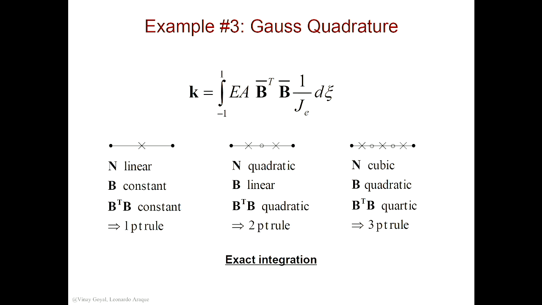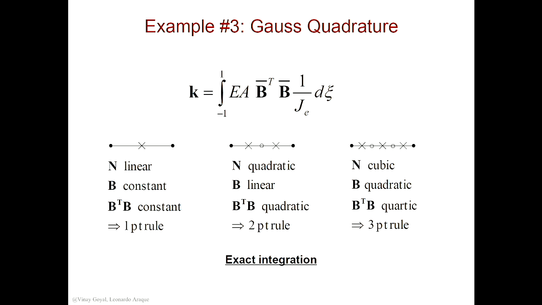For a linear element, your shape functions are linear. B is constant. Do you agree? Because I'm taking the derivatives of shape functions, so I get constant. So constant times constant is constant. So usually 1 point will be exact for that. I'm trying to answer the question here.